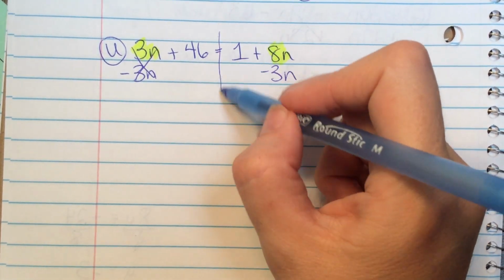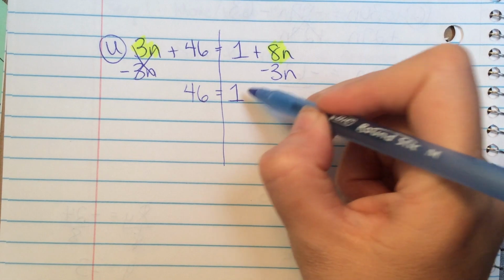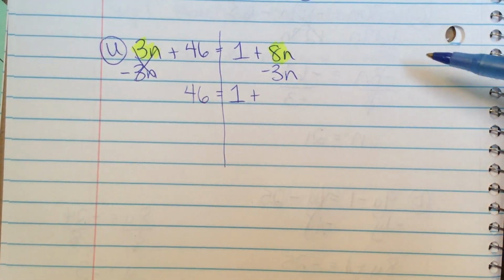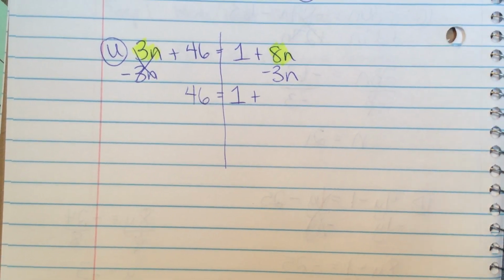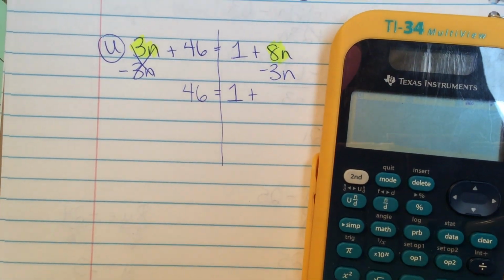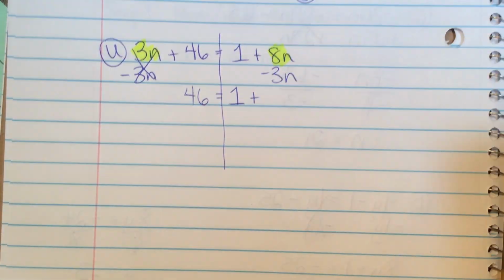And we're going to make our line. So we get 46 equals 1 plus, and now we need to take 8 minus 3. So we can always use our calculator for everything, really. 8 minus 3 is 5.